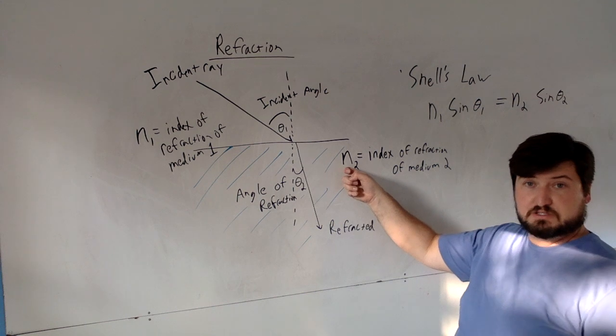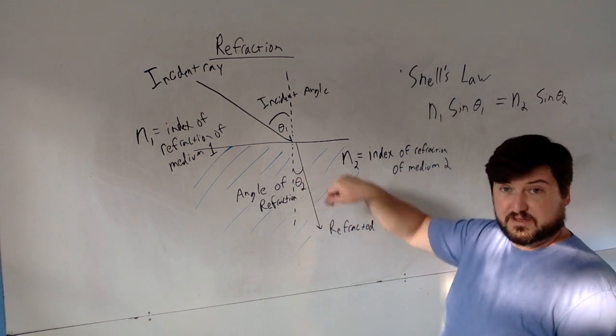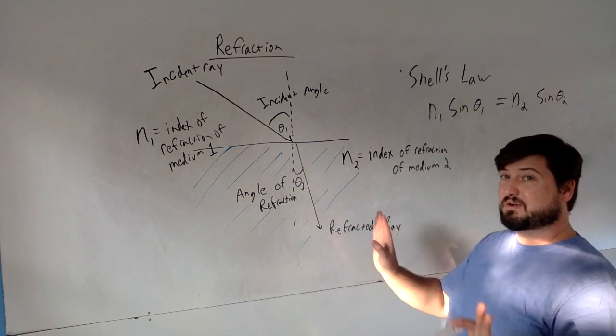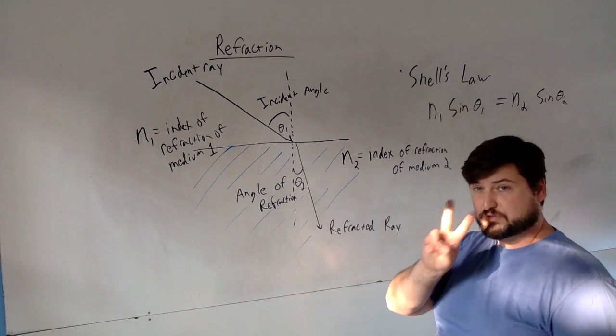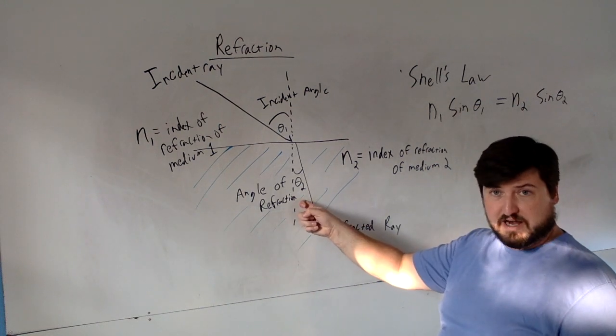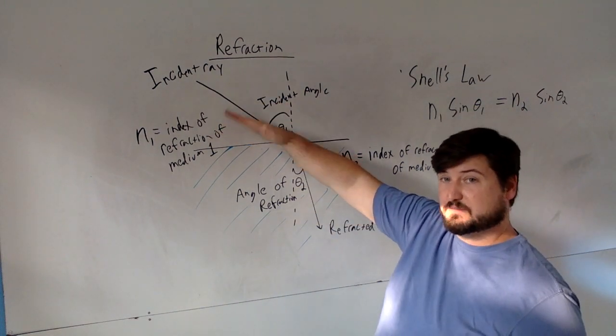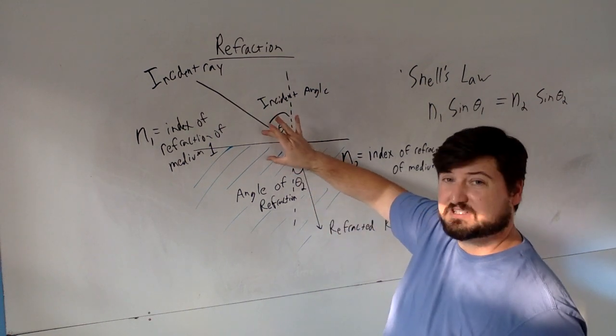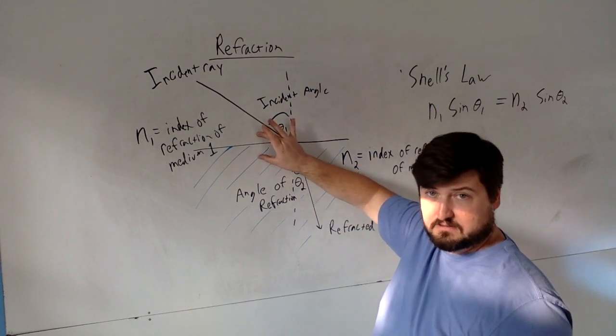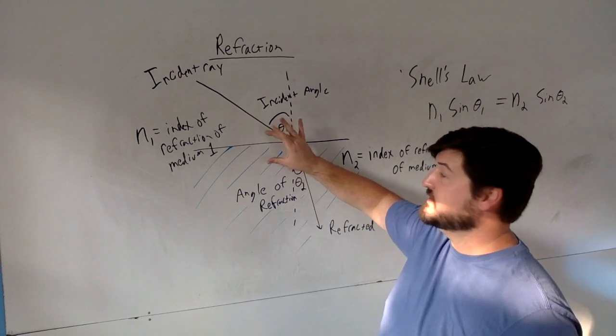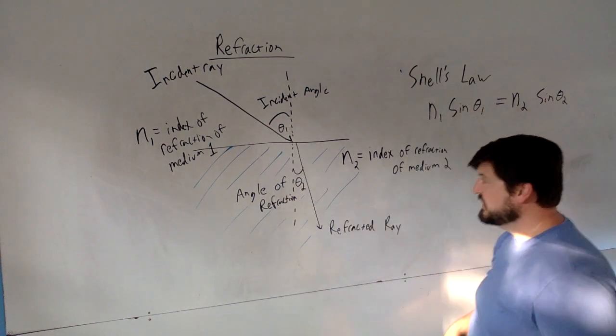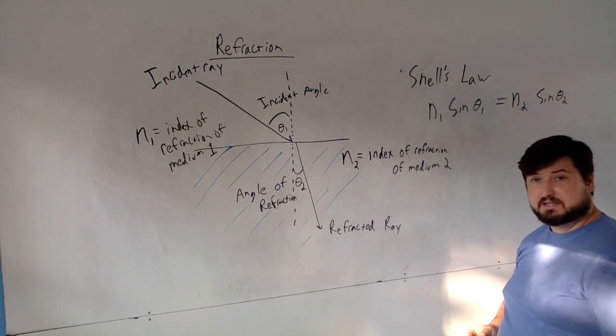And if that changes, then the angle at which this thing comes out also changes without even changing the angle of incidence. So two things can change your angle of refraction: the angle at which the light comes in and the difference in the density between these media, these different materials. And the relationship is pretty easy.